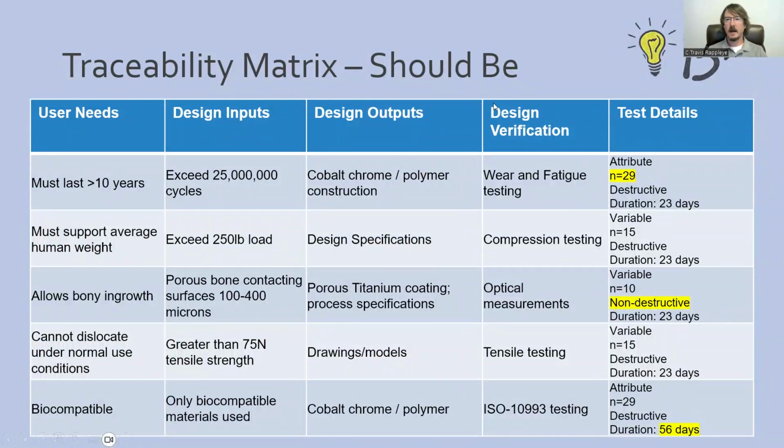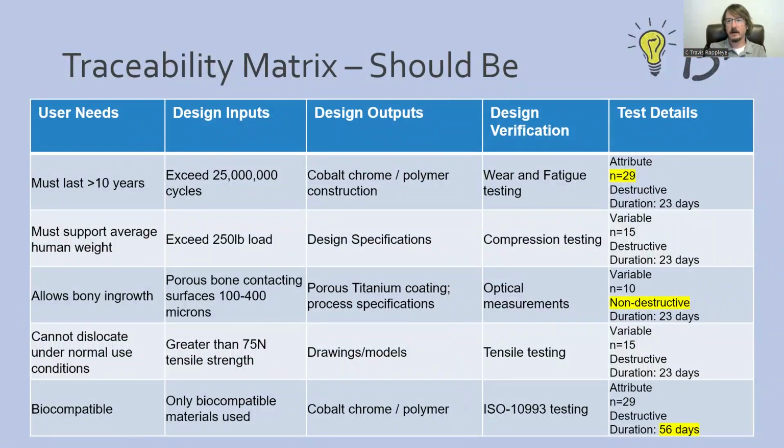Here you can see I've added some details of the type of data that the test collects, the sample size, whether it's destructive or not, the duration of the test. If you just put some very basic information about the design verification activities that's not already in a typical matrix, it helps smooth everything out.